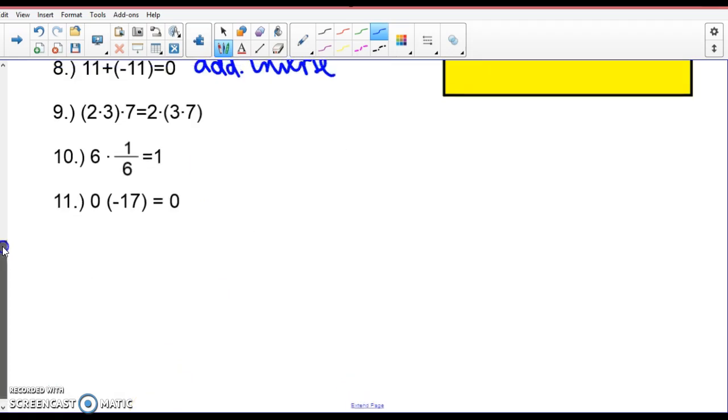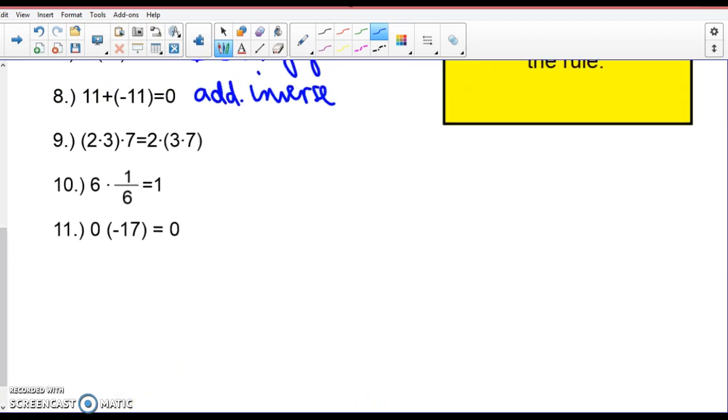Okay, what about 9? What property is that? Yep, the associative of multiplication. What about 10? What property is that? 6 times 1/6 equals 1, Mason.